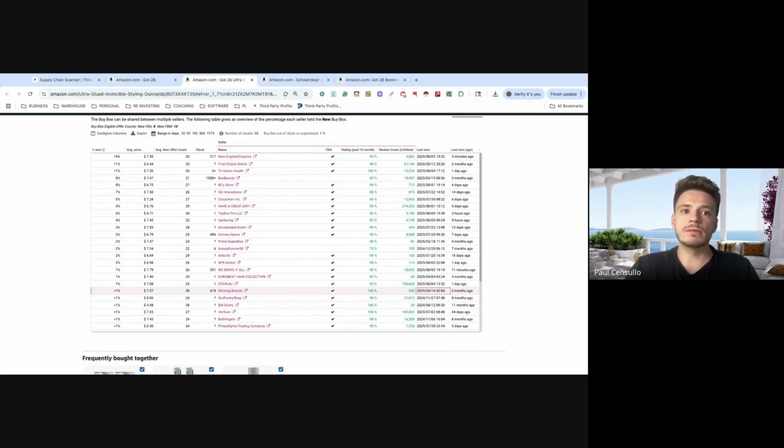So is there some items where it's harder to get buy box rotation on products that have larger seller reviews? Absolutely. But really the key is looking at whether sellers that are smaller are capturing some of the buy box share. And if they are, what size reviews are they?